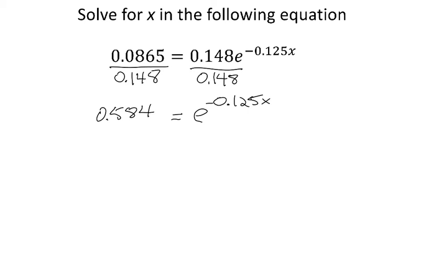Okay, and then the way we get rid of exponentials is by taking the natural log, which is the inverse of the exponential function. So I'll take the natural log of both sides.